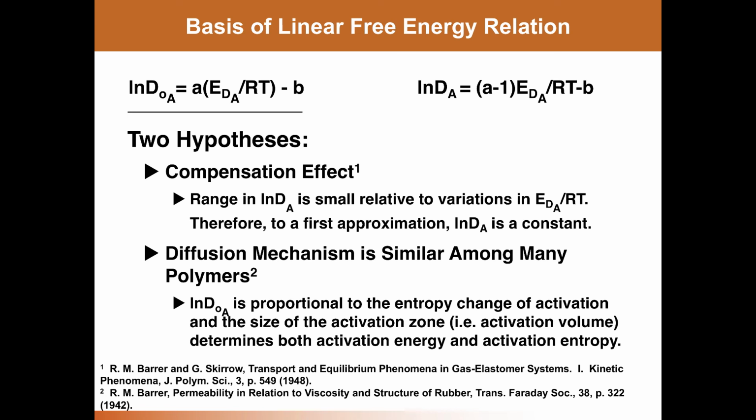And so this comes about because, in fact, if you look at the range of absolute temperature over which we normally probe diffusion phenomena in polymers, we typically span a very small range of 1 over absolute temperature.